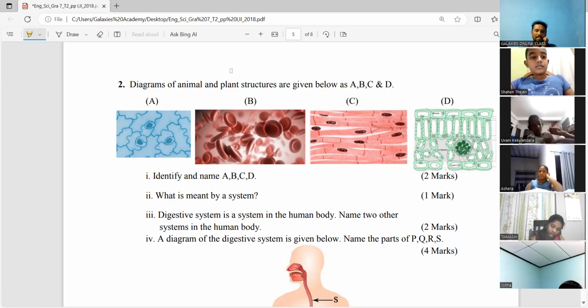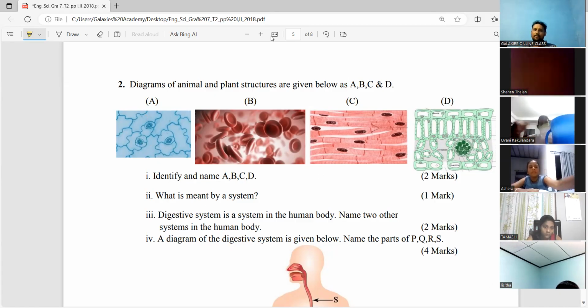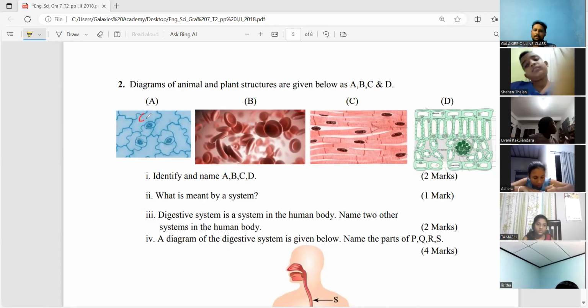It is plant cells, from a plant leaf. It is the epidermis cells. If you want, you can write cells in a plant, or more suitably, cells in a leaf.